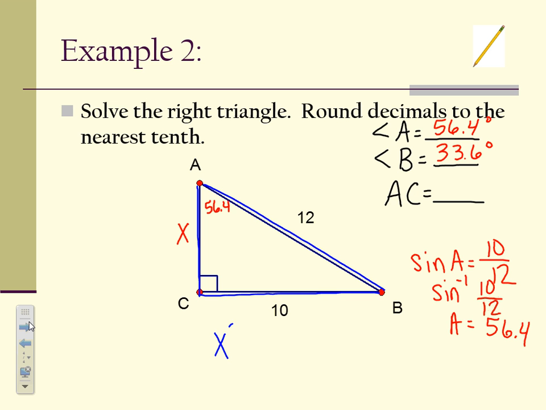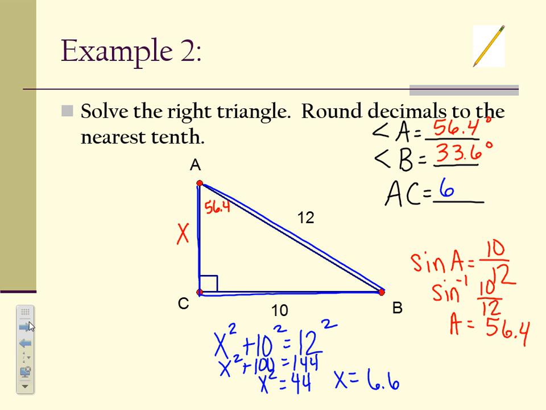So it would look something like this. X squared plus 10 squared equals 12 squared. X squared plus 100 equals 144, subtract 100, and then square root my answer. Square root 44 is about 6.6. So missing side AC is about 6.6.